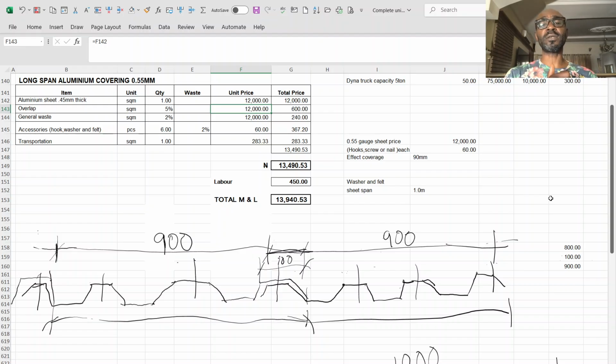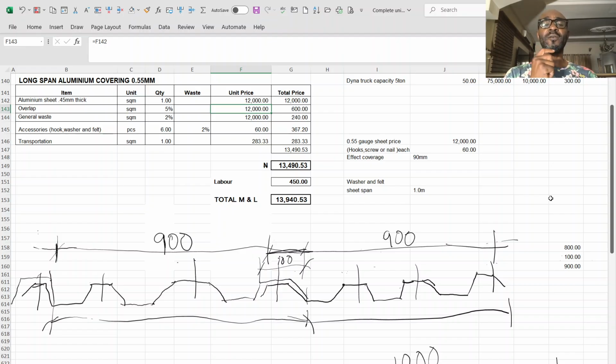Then third is the cost of either the screw, hook, or nail, and the number of hooks or screws or nails that you need in one square area. Then also you determine the effective coverage of a roofing sheet. These are the four things you need to consider when building up the unit rate.